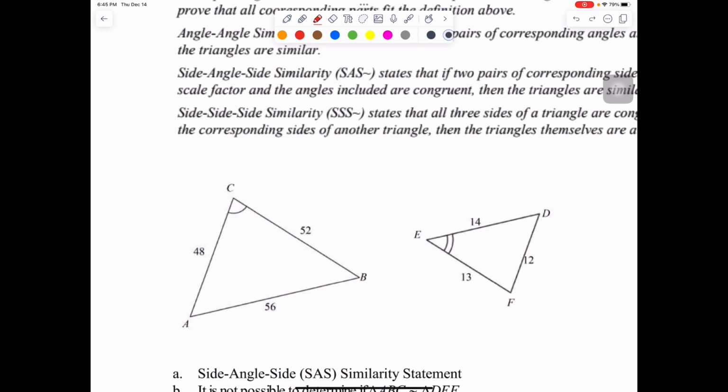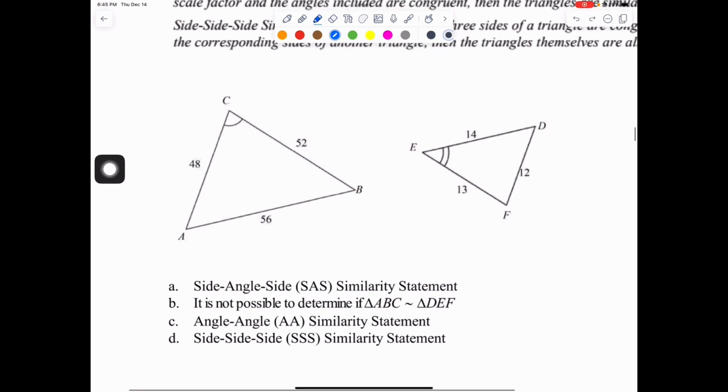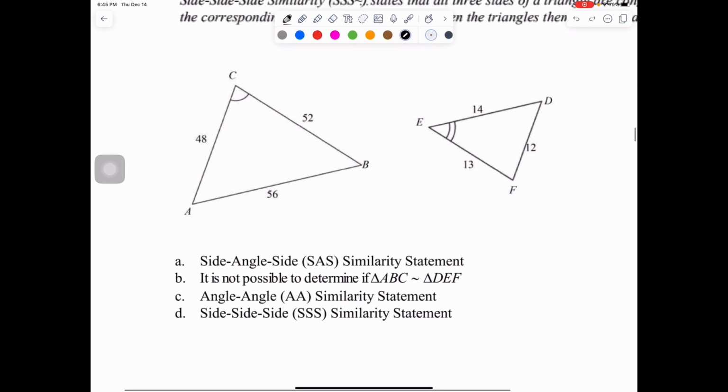That's okay. Right away, if we do not have one pair of congruent angles, anything that has an angle in the answer, like side angle side, get rid of it. We don't even have one pair of congruent angles. Angle angle, a hard no.